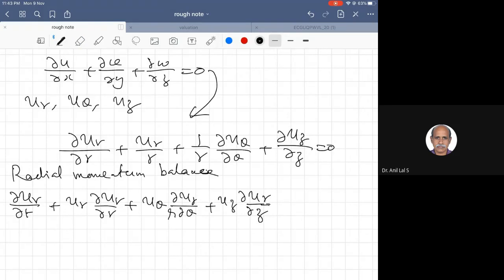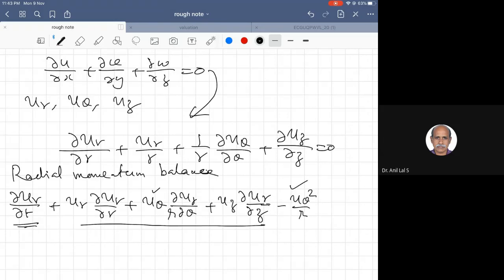This is the temporal acceleration, and this is the convective acceleration. We are considering the tangential motion of the fluid particle, which will produce what is called a centripetal acceleration, given by u theta squared by r.